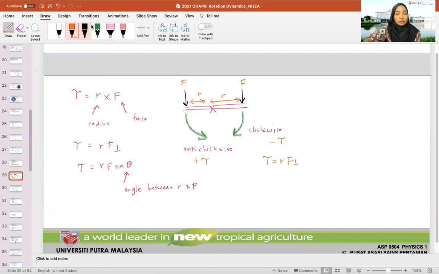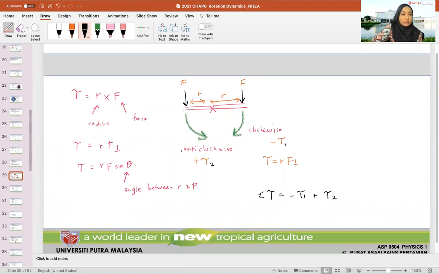If you combine all the torques acting on this object, let's say this is torque number 1 and this is torque number 2, the net torque is equal to minus torque 1 plus torque number 2, whatever this value is. This is the net torque acting on this rigid body. So that is about torque.